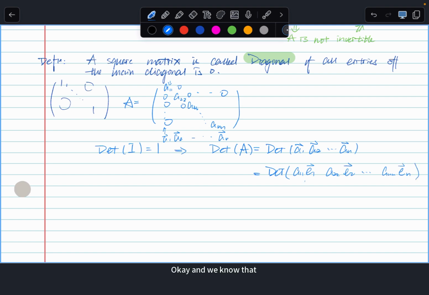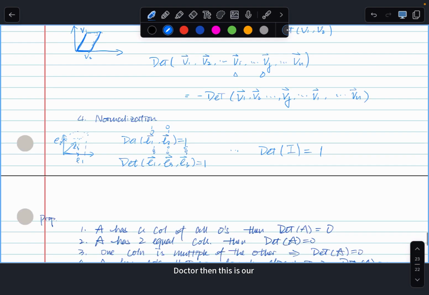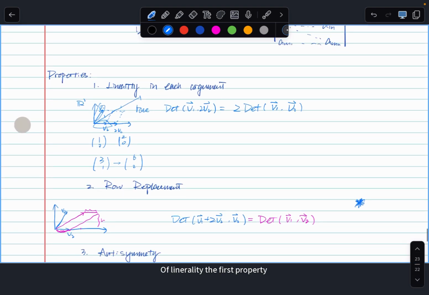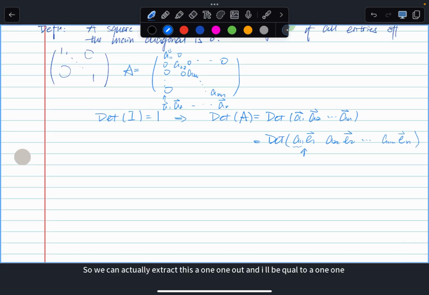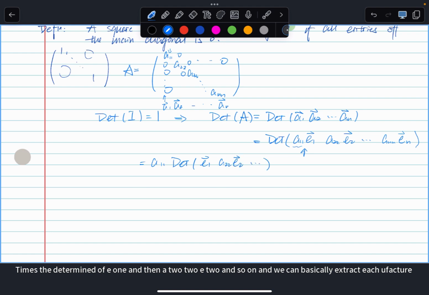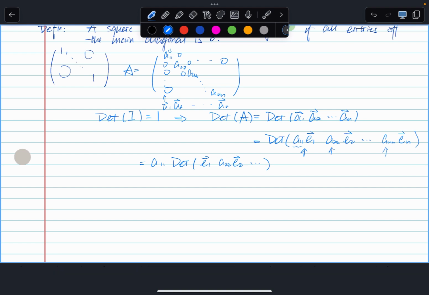We know that if we multiply one vector by something, then by linearity, the first property, we can extract A11 out, and that would equal A11 times the determinant of E1, then A22, E2, and so on. We can basically extract each factor outside.